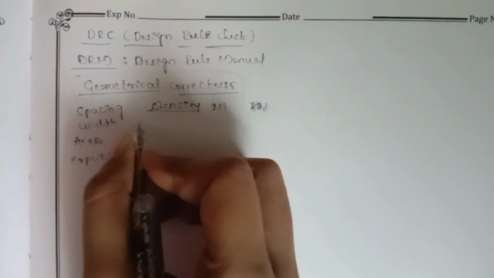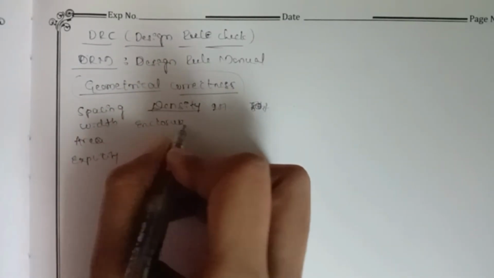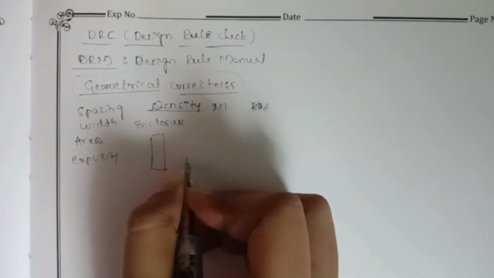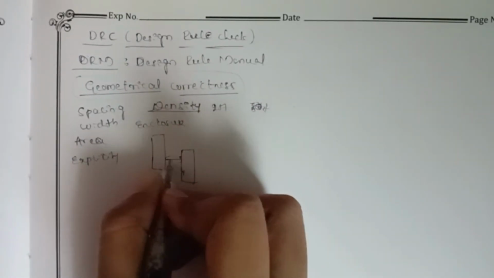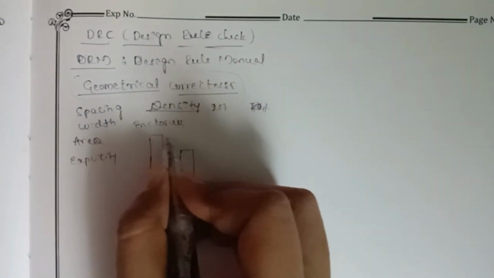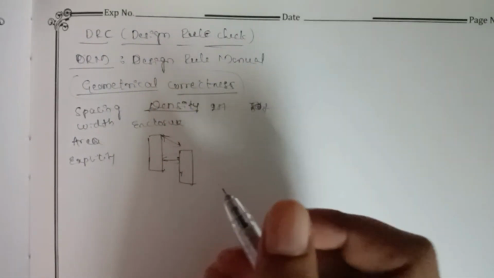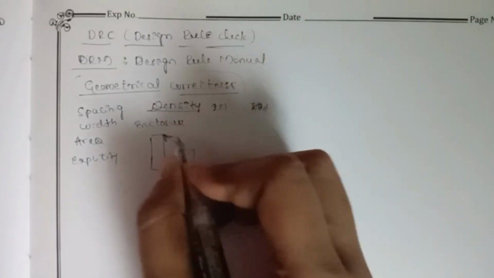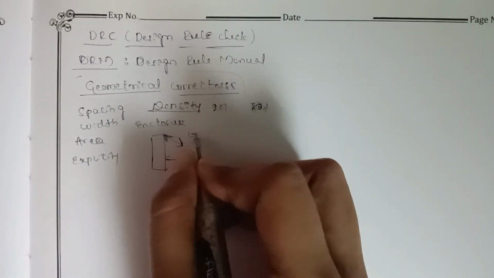And it also checks for the enclosure. Like one metal is here and another metal is here. So how much spacing should be in between, this enclosure, all the things it will check for chip reliability and give the errors.